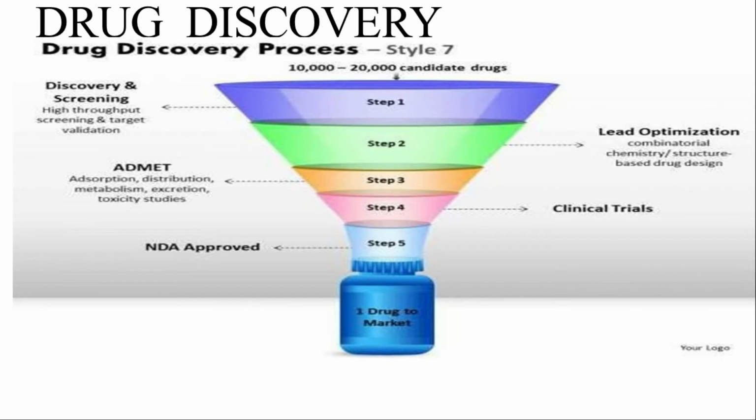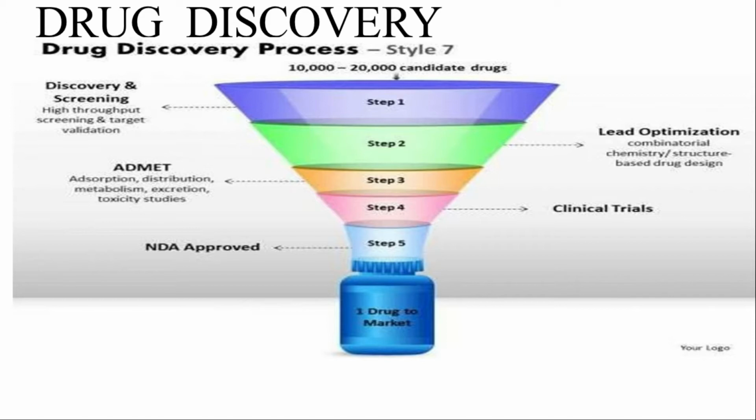In step 4 is the clinical trial, which passes through many phases, first phase, second phase and so on. Next is step 5, where we file an application for new drug approval, and after that step 6, drug to market.